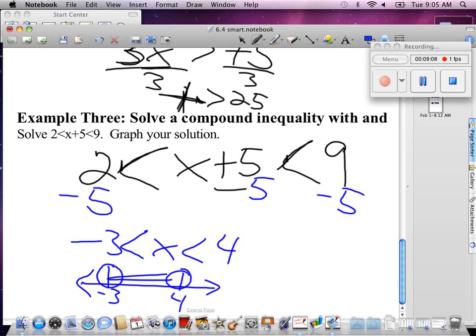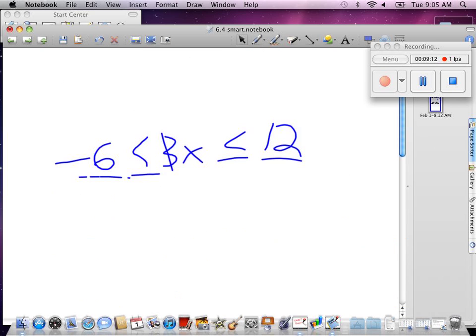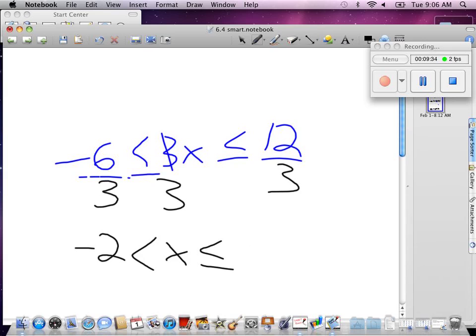You want to do one more of these? And then try a couple on your own? Okay, let's look at D. I've got -6 is less than or equal to 3x, which is less than or equal to 12. How would I get x by itself? Divide by 3. So I divide everything by 3, and I get -2 is less than or equal to x, which is less than or equal to 4.